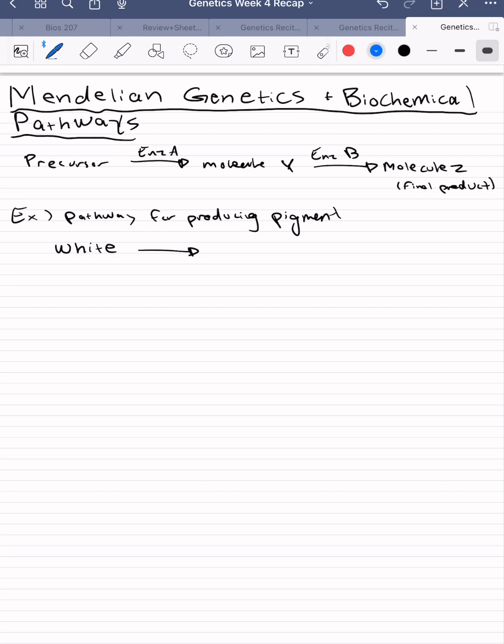Let's say this right here is enzyme A. I'm just going to write an A, and that's converted into a yellow color, which is then converted by enzyme B into a black color. So white, in this case, would act as a precursor. Black would act as the final product in the pathway.